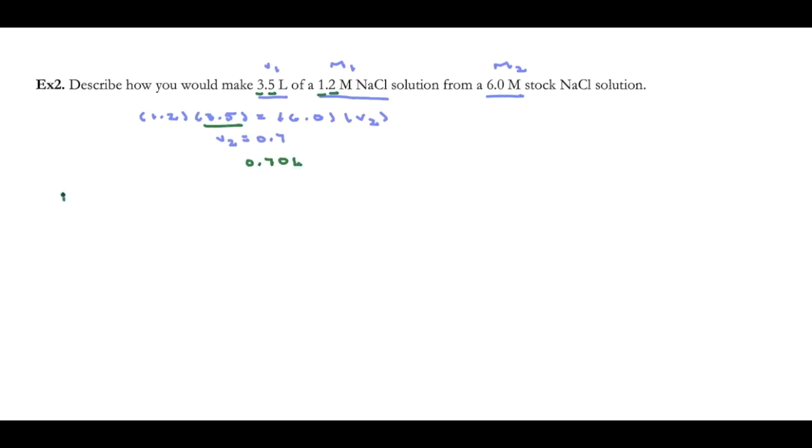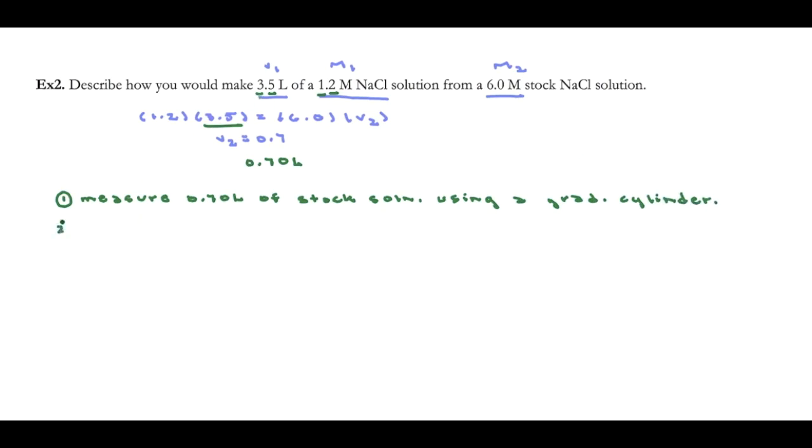So steps. I need to measure 0.70 liters of my stock solution using a graduated cylinder. And once I measure that out, then I need to add enough water to get a final volume of 3.5 liters.